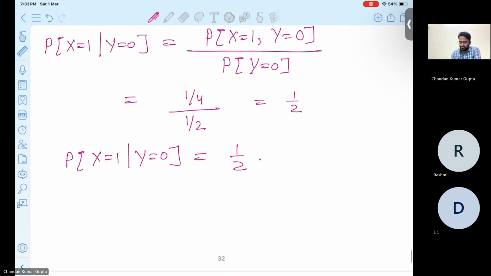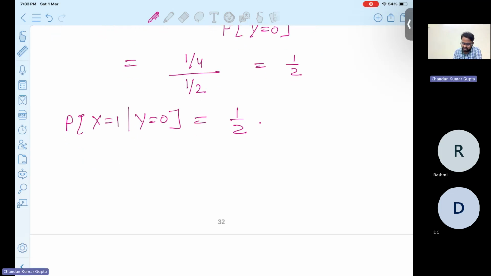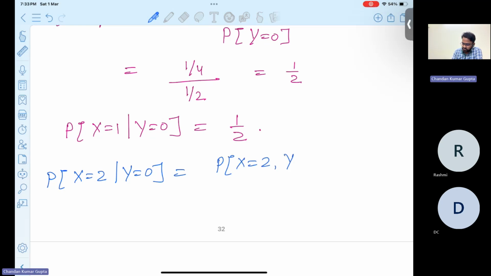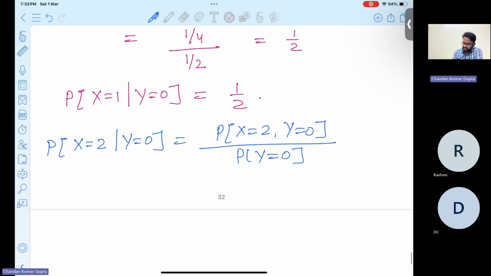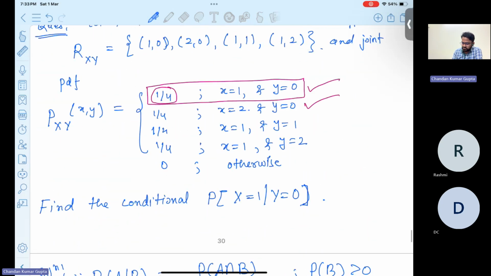In a similar manner, suppose we ask: find the probability that x equal to 2 given y equal to 0. Then it is nothing but probability that x equal to 2, y equal to 0, divided by probability that y equal to 0. X equal to 2, y equal to 0 is also 1 by 4.